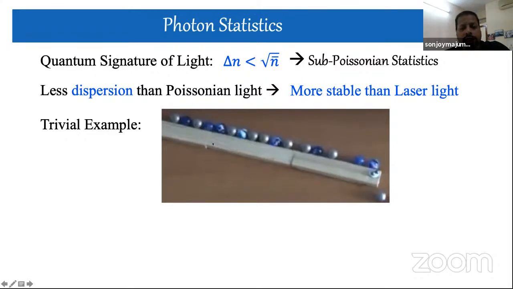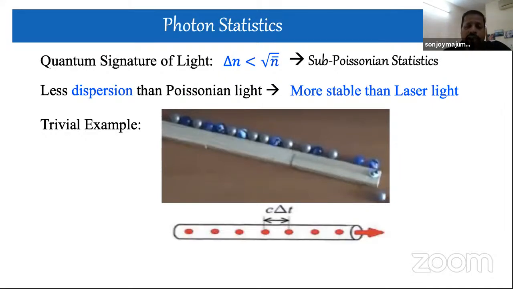Once you incline the bar, your marbles will come one after another into a bucket lying down. So we are looking at this kind of idealistic scenario where the photons are coming one by one. It may not be practical, but that is one trivial example of the sub-Poissonian cases.